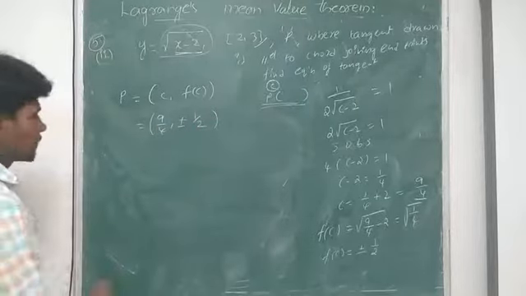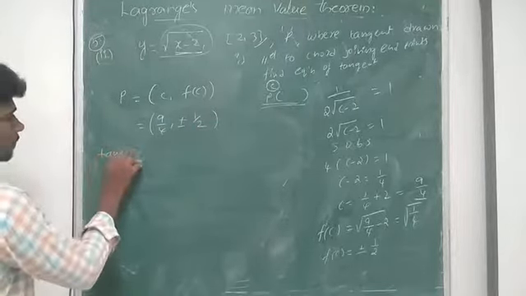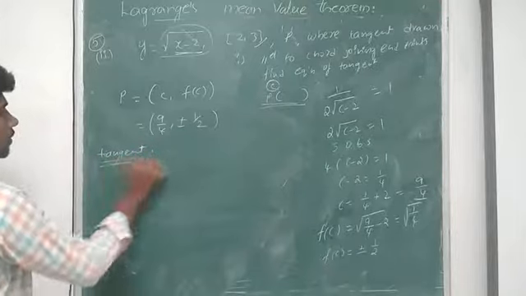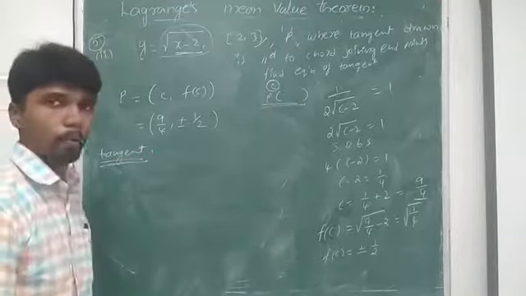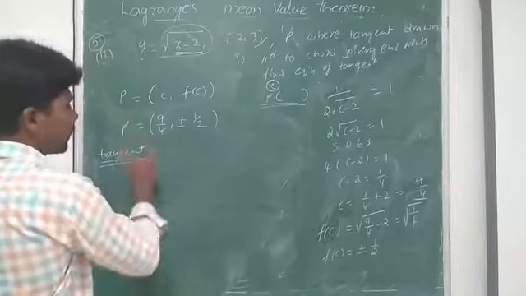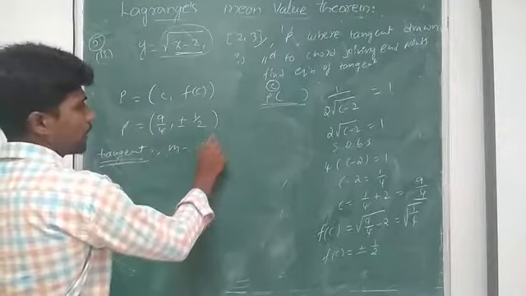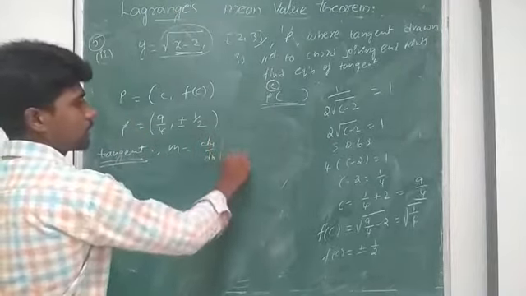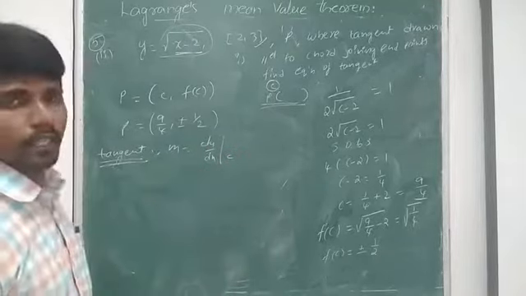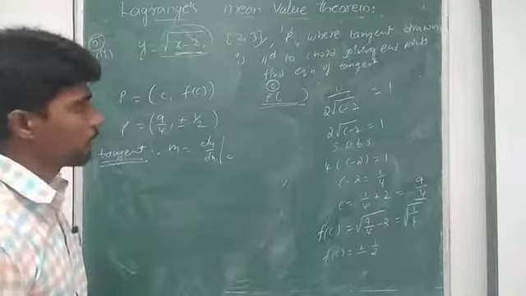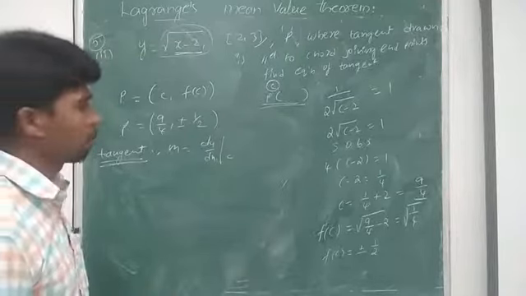So to find the equation of the tangent, what we should do? We have the point and the slope m is equal to dy by dx at c. So f dash of c we already got, which is nothing but 1, right?